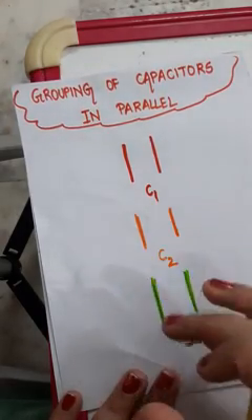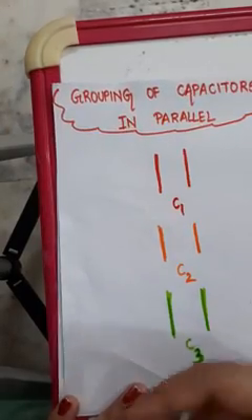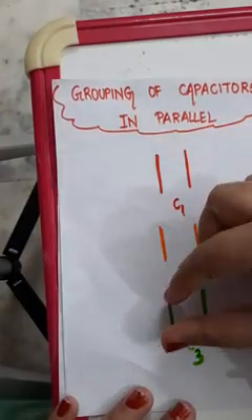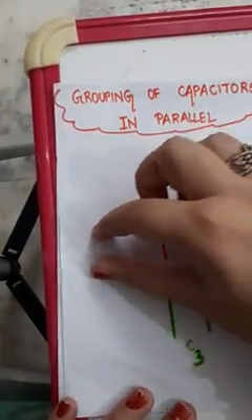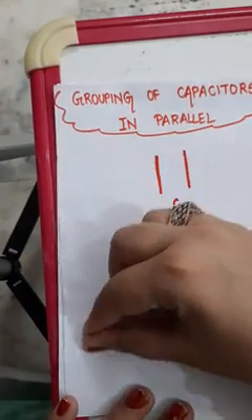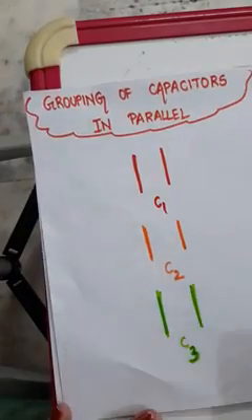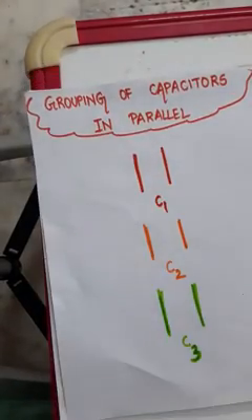See, when the capacitors are connected in the parallel combination, their left hand side plates, all these plates, are connected with the help of one wire to a particular potential, and all the right plates are connected together. So let's have a look how this is going to happen.